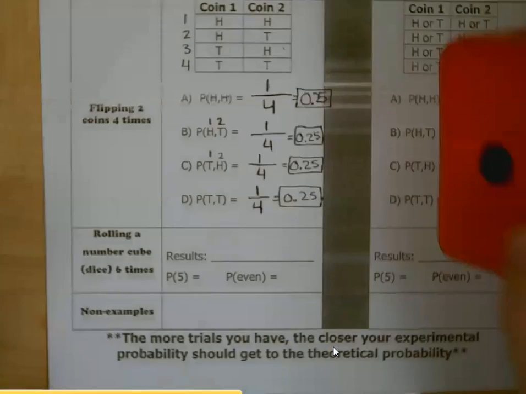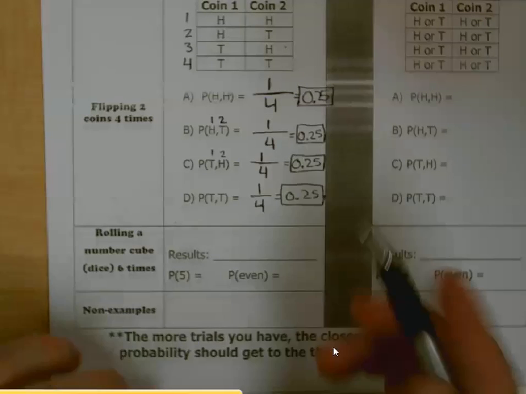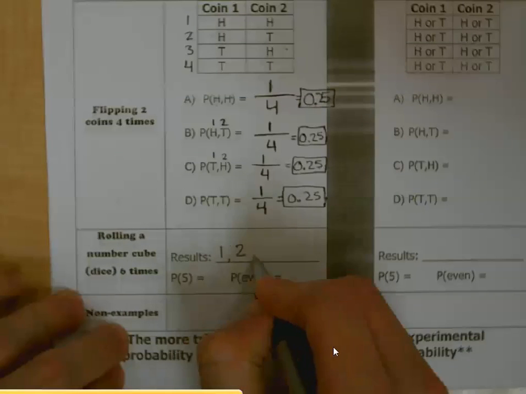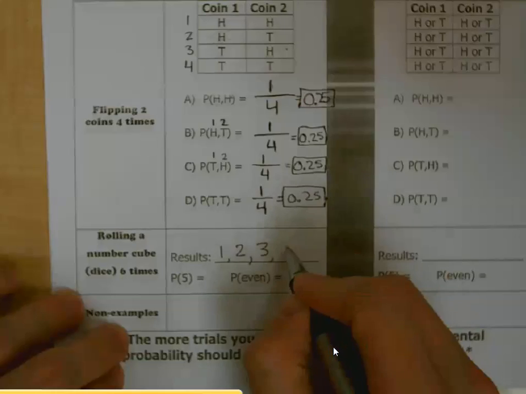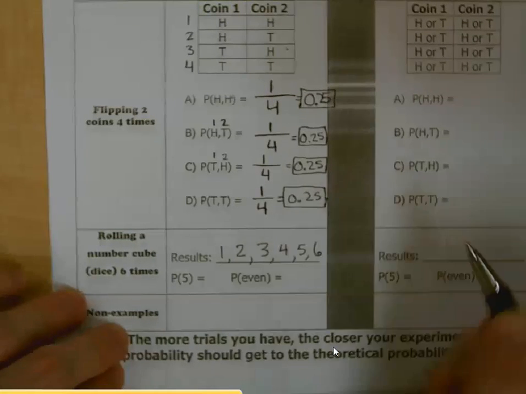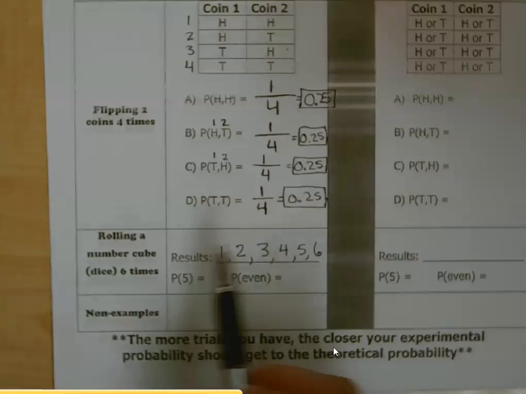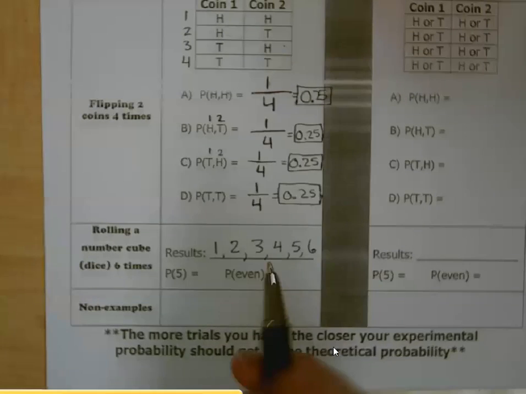So, if we were to roll this die, or number cube, 6 times, hopefully we would get one number every time, and we would get the number 1, the number 2, the number 3, the number 4, the number 5, and the number 6. So each number would come up an equal number of times. Now, they might not come up in this order, 1, 2, 3, 4, 5, 6, but hopefully they would come up if it was a fair die.